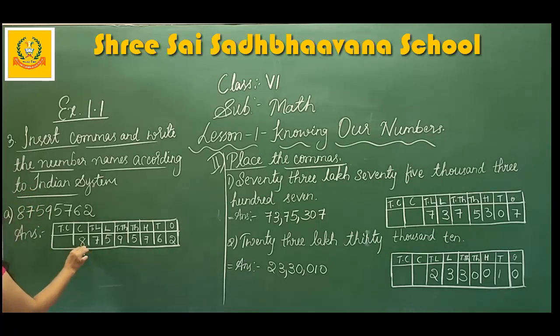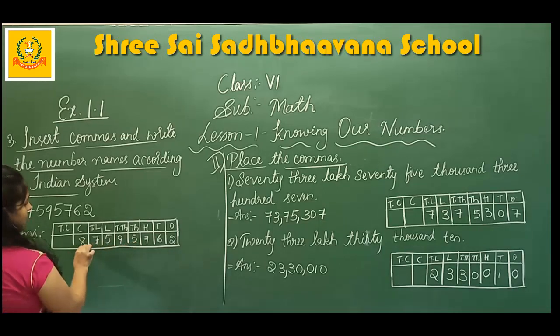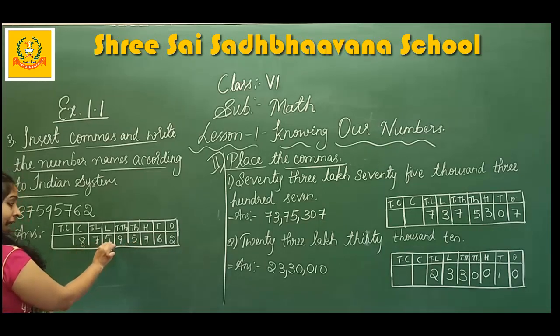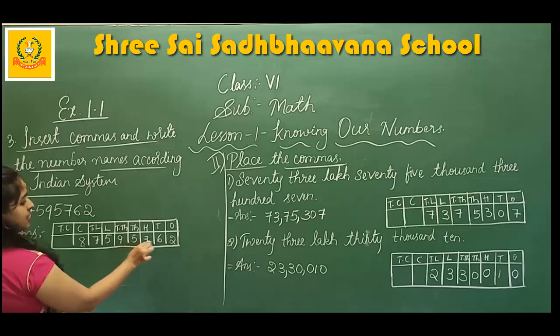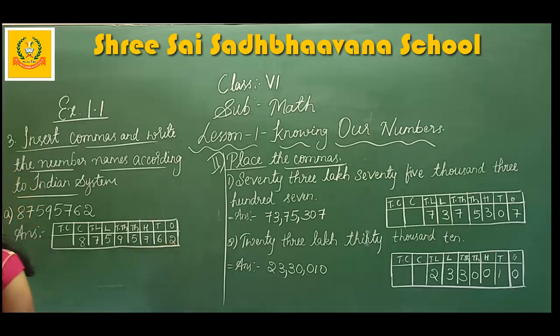How to write? 8 crores 75 lakhs 95,762. Okay?